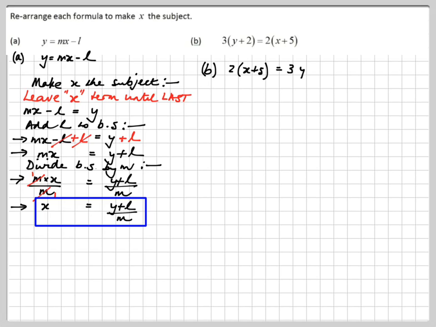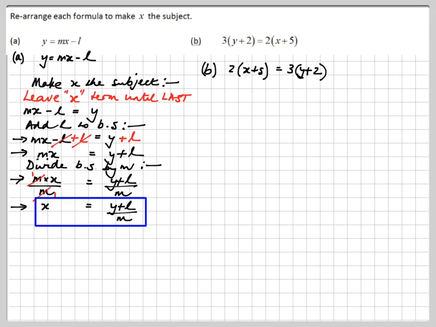So I think probably what we need to do is just multiply those brackets out, because the second term in the bracket on the left is going to give us a 10. Can you see that? 2 times 5. And the second term in the bracket on the right is going to give us 6. That's 3 times 2. So there's a number term coming from each side of that equation.